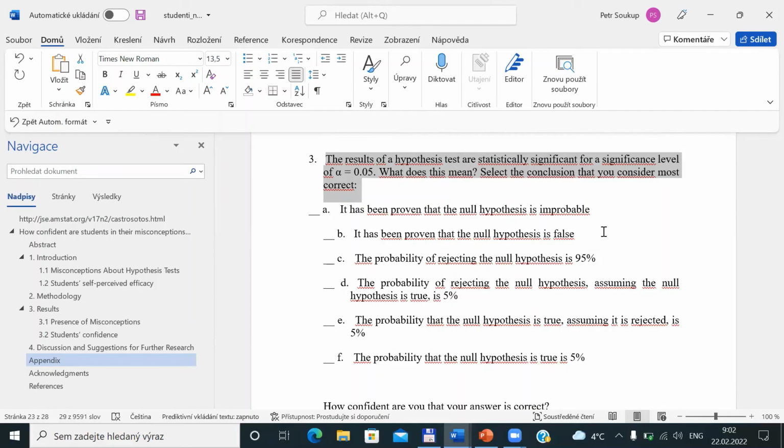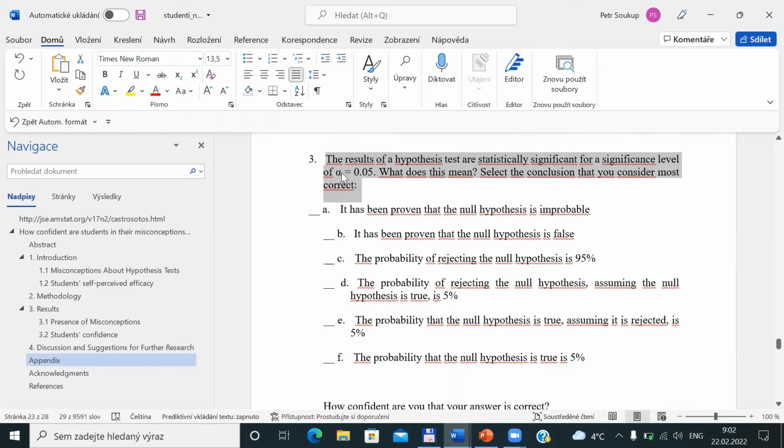Before we perform the test, we should set up the level for which we could accept a mistake. And this is called alpha. So here we have the result of statistical significance for a significance level alpha 0.05.